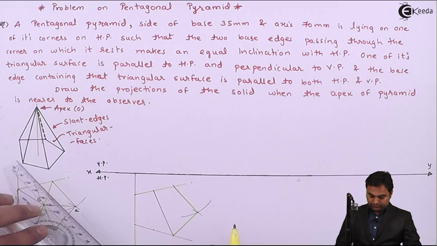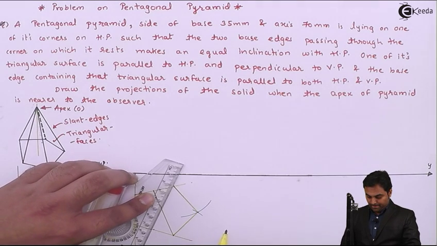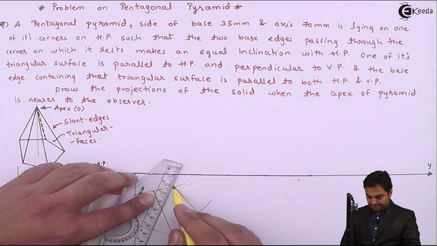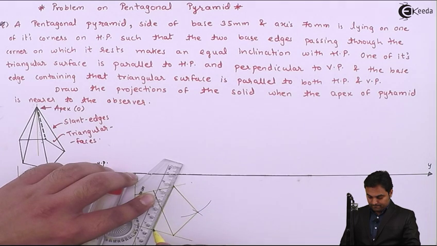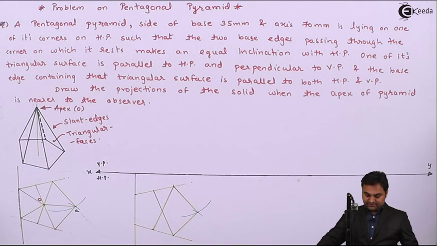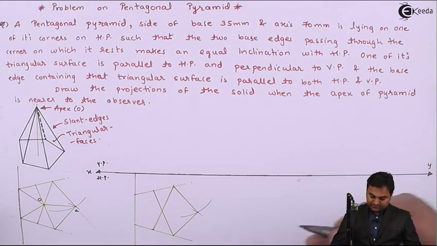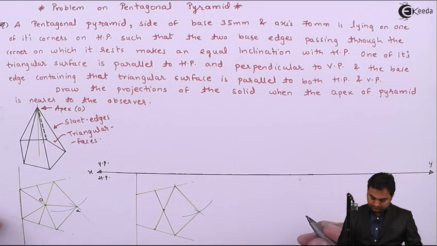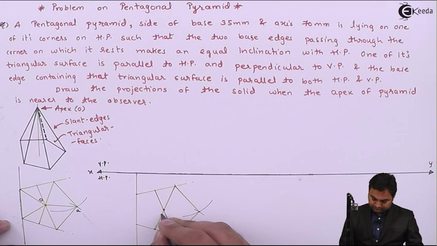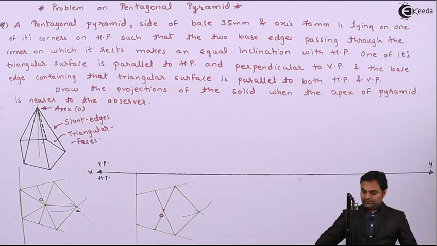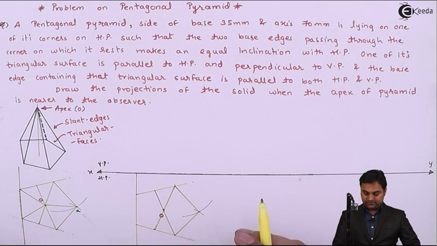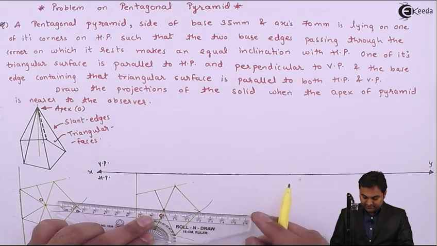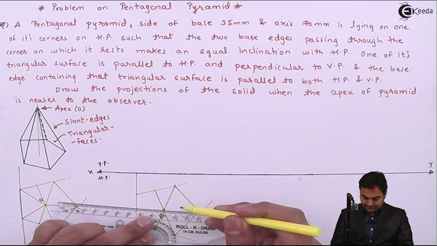You have this midpoint to its opposite corner. Wherever these two lines intersect, that becomes an apex for us, point O. Then joining all the corners at this apex to get the slant edges and the triangular faces.